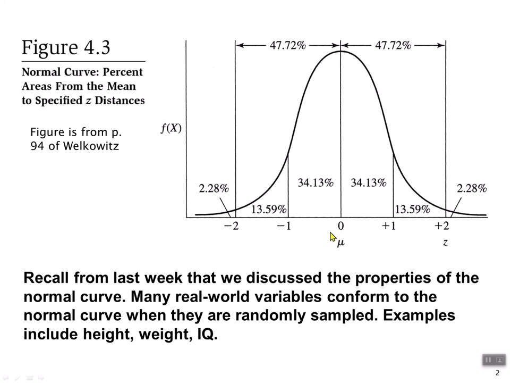So if you're doing an intelligence test, the population mean could be 100. This would be 115, 130, and this would be 85, and this would be 70. So the numbers here tell you what you can expect at any given location within the curve.